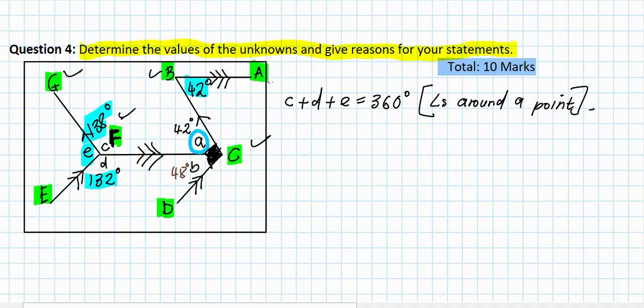And then we already have the other angles. Angle C is 138 degrees plus angle D, we have it, 132 degrees, plus angle E, the one we don't have, equals 360 degrees.